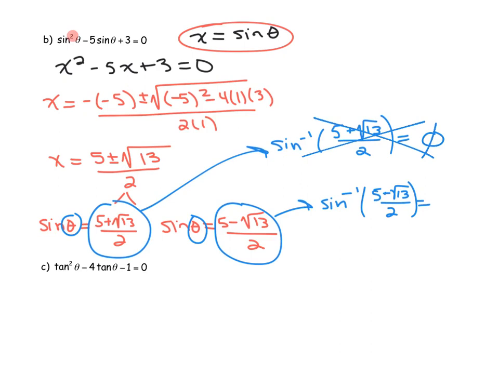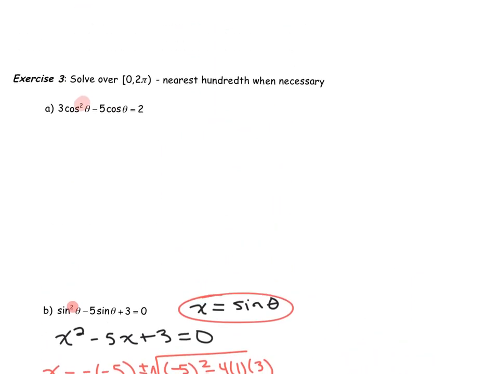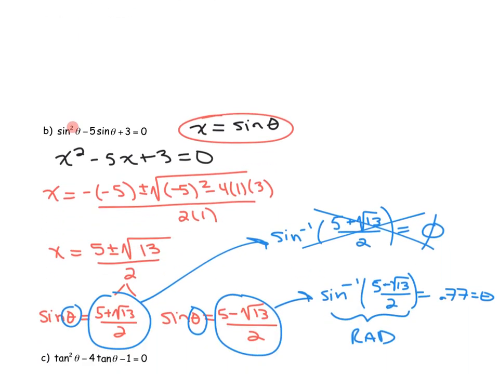All right, let's check the next one. We have sine inverse of 5 minus rad 13 over 2. And when we plug that into the calculator, I get 0.77 for theta. Now remember, I did this in radian mode because if we read above, this wanted this over this interval between 0 and 2 pi, which means I should be using radians.